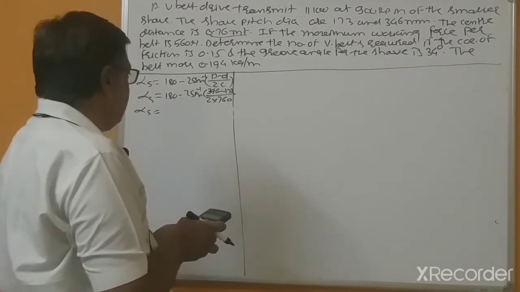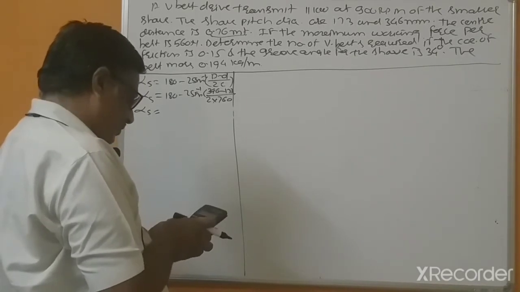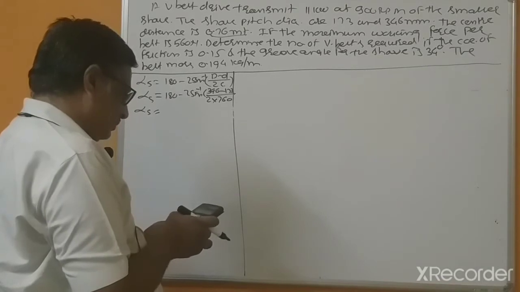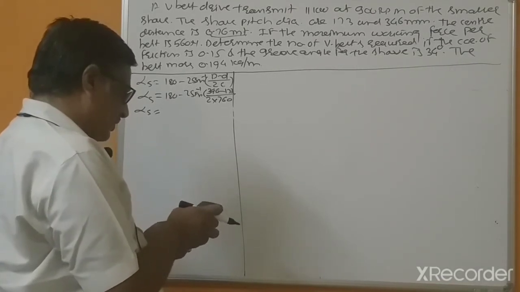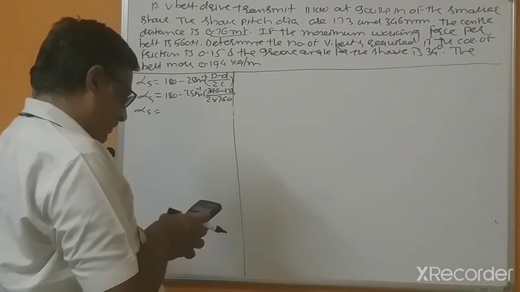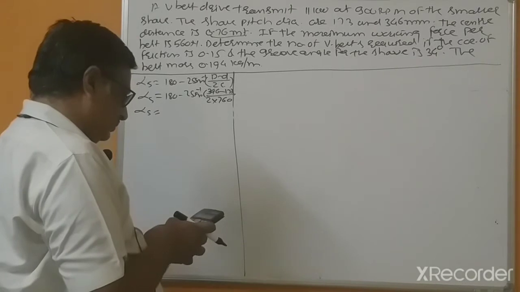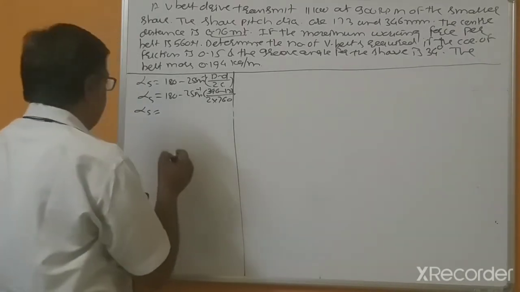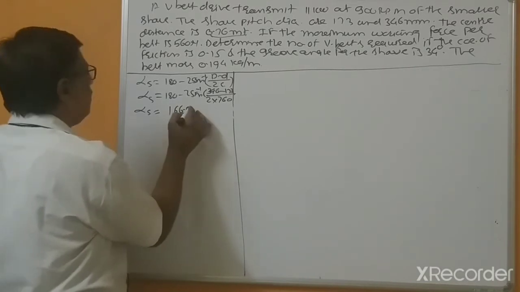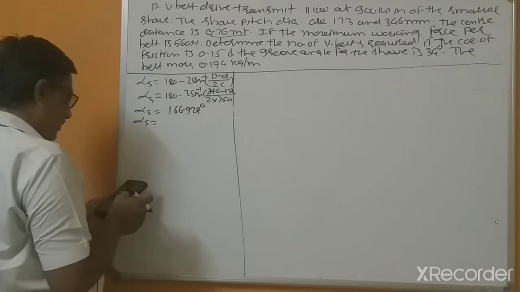Sine inverse of (346 minus 173) divided by 2, divided by 760, multiplied by 2, subtracted from 180, equals 166.929.